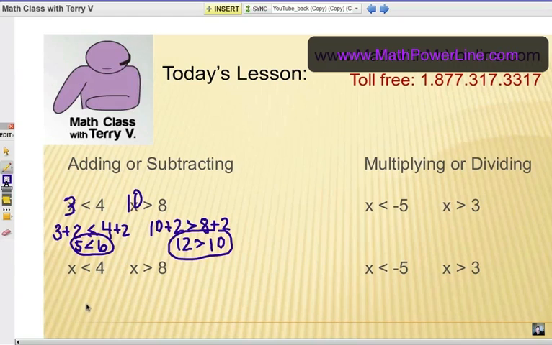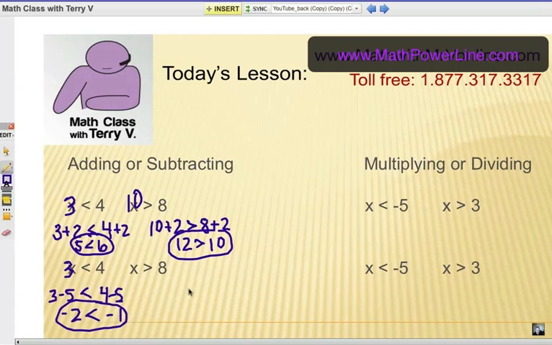All right, well, let's say subtract. Okay, so let's say 3 is less than 4. Let's subtract 5. So 3 minus 5 and 4 minus 5. Let's see if it's still true. All right. Well, 3 minus 5 is negative 2. 4 minus 5 is negative 1. And yes, negative 2 is less than negative 1. That's true too.